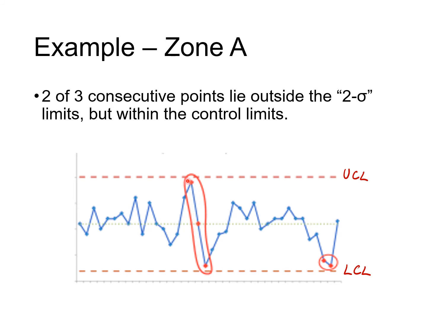You've got one that's in the 2 sigma, you've got another that's in the 2 sigma, and you've got one right at the center. 2 of the 3 consecutive points, 1, 2, 3 points. Let me make this more clear. This could be our first consecutive point, our second, and our third. 2 of them are outside the 2 sigma limit. This one and this one.